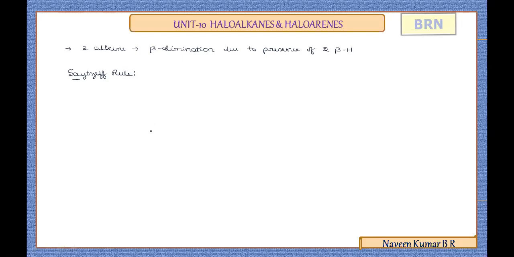Now, according to the Zaitsev rule, in any dehydrohalogenation reaction, the preferred alkene as a major product is the one which has the greater number of alkyl groups attached to the doubly bonded carbon atoms.